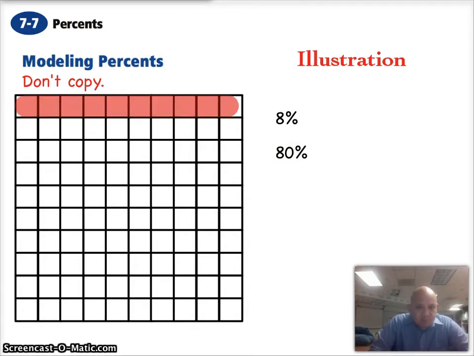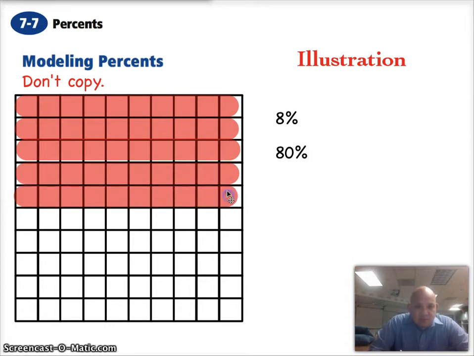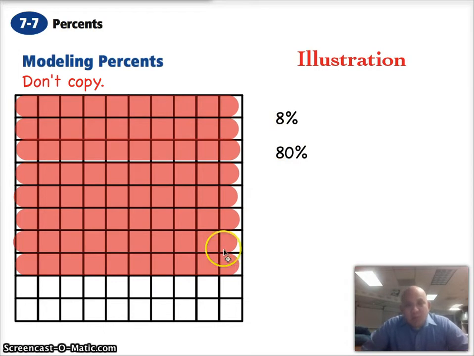There's 1, 2, 3, that's 30, 40, 50, 60, 70, 80. You can see with 80%, most of the hundredths grid is filled in. That's a model for percents. Now, don't worry about copying that, of course.